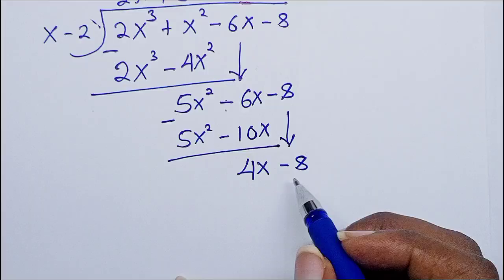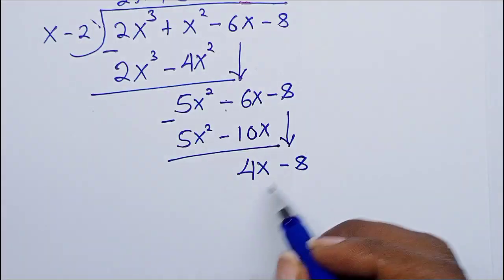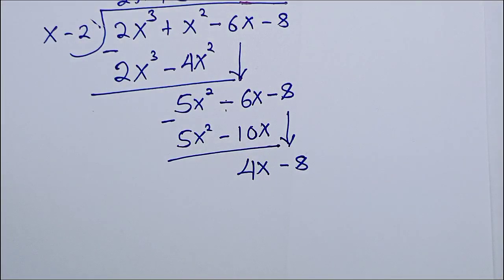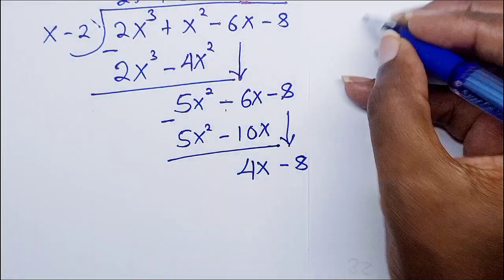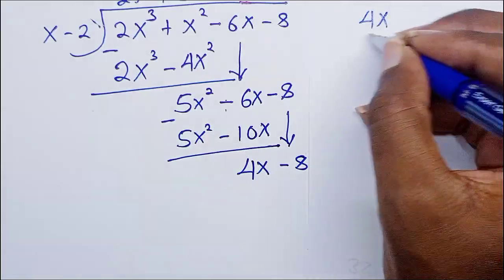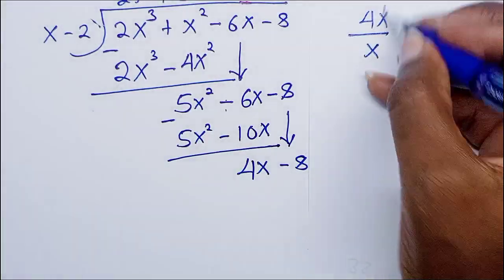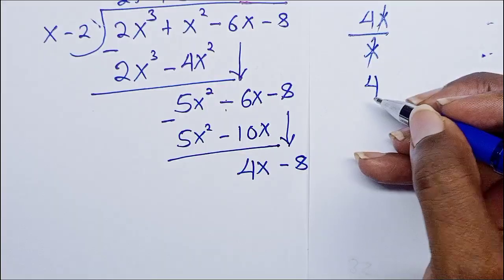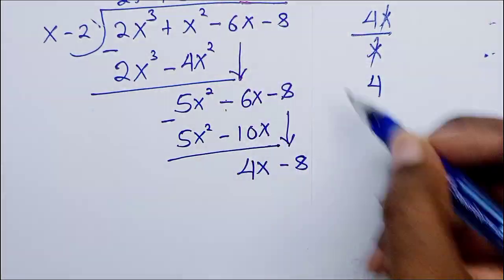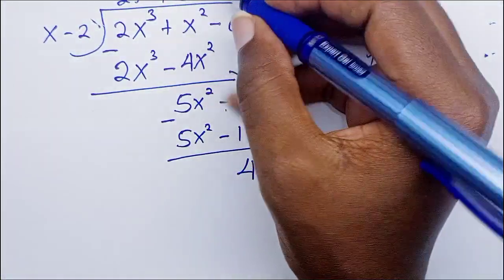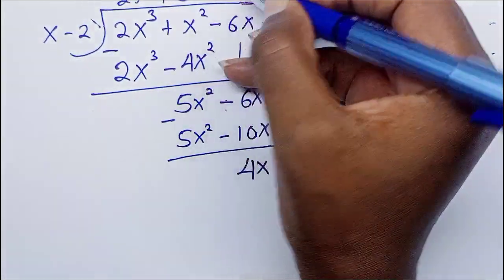Okay, now again you repeat the steps. You divide the first term by the first term of the divisor, okay? So we shall have 4x divided by the first term of the divisor, which is x. So this x cancels with this, we are left with 4. So the 4 with its sign is the one that goes here, so plus 4.